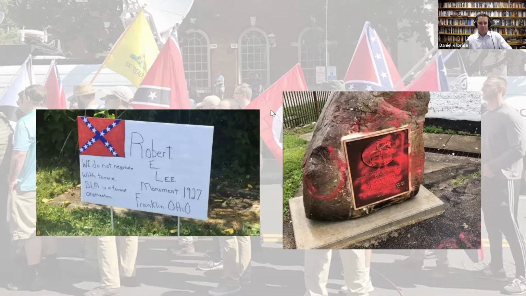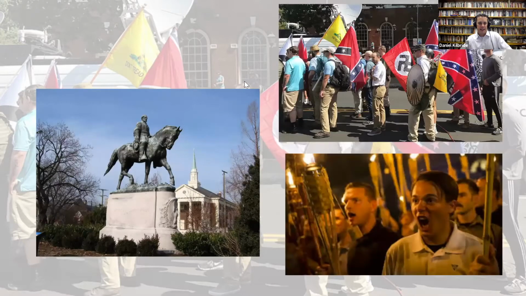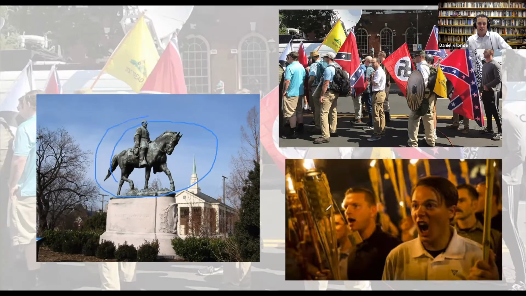And to wrap up here, I know I've gone over a lot of material very quickly, for which I apologize. This is still going on. This is a political flashpoint today. So here are photographs of the so-called Unite the Right rally from, I forget whether it's 2016 or 2017, that centered over the controversy over the statue of Robert E. Lee at the University of Virginia, proposals to remove it.